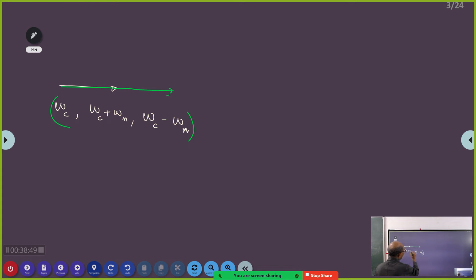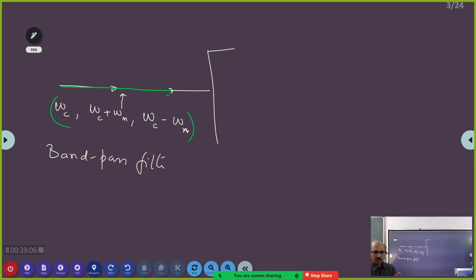So it will look like one signal. Now this signal you pass it through three band pass filters. See, band pass filter means it will pass only a set of frequencies. Now you understand this.